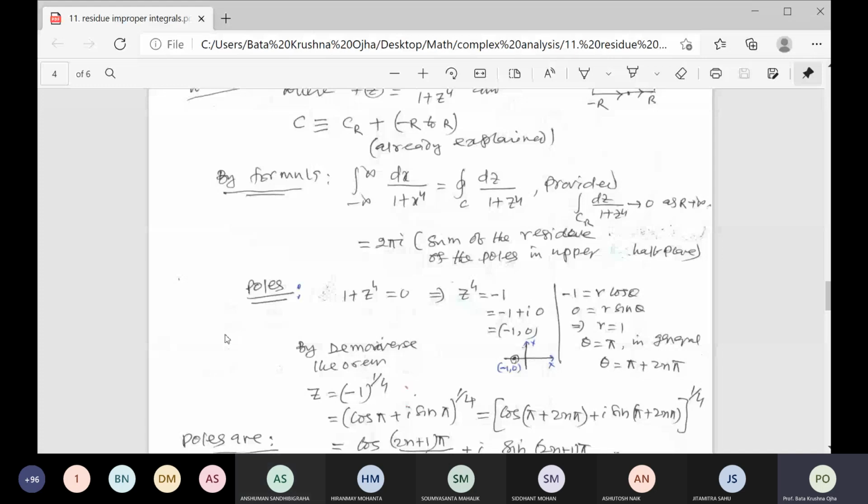Your course is going to be finished within next week, because you have only Fourier integral and the case where the poles are on the real axis. Sir, after the completion of the course, what will be done? Every class I will take a test.